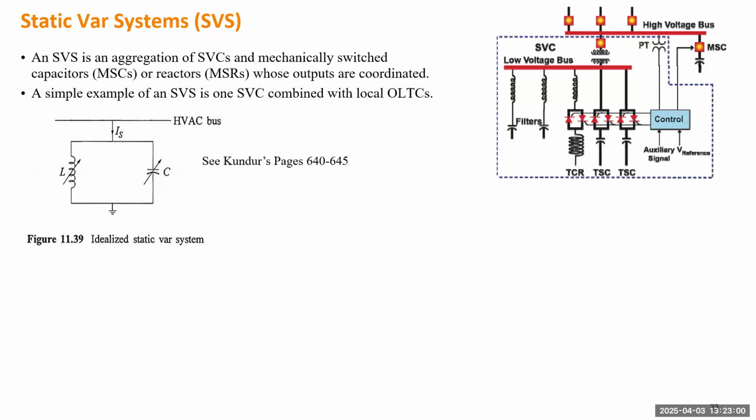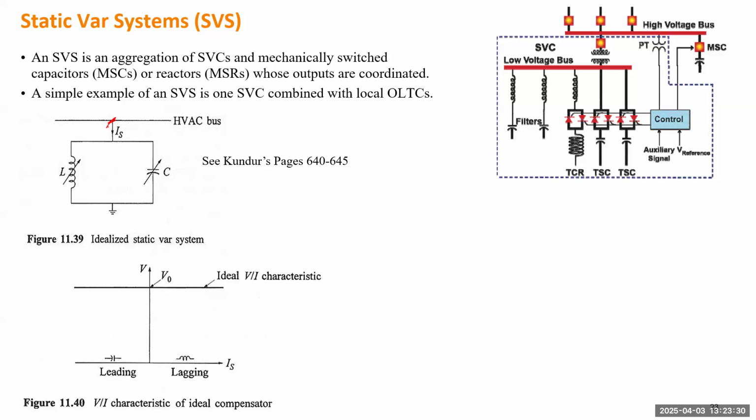To study how such a static VAR system controls the voltage, we can use this simple model. At the location where this system is placed, it will have at least two shunt branches. One has adjustable inductance, the other has adjustable capacitance. Assume you have a perfect controller that can quickly implement the desired inductance or capacitance into the system.